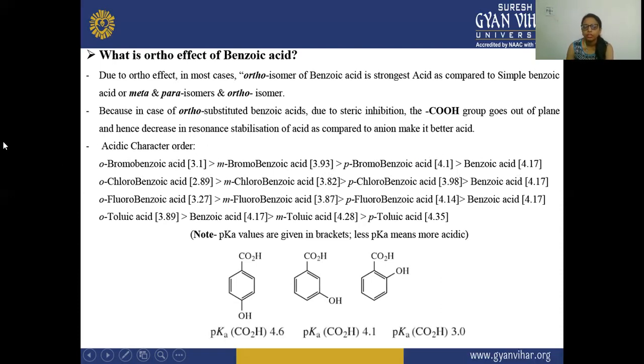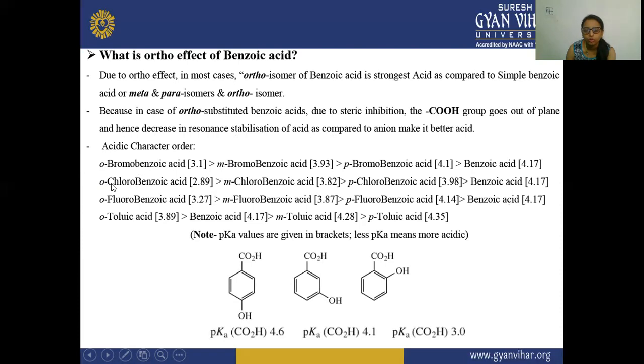This is happening because of the steric inhibition, and there is no coplanarity with the benzene ring, which causes a decrease in the resonance stabilization of the acid compared to the carboxylate ion. So you can see the ortho one is more acidic as compared to the meta, the para and benzoic acid.